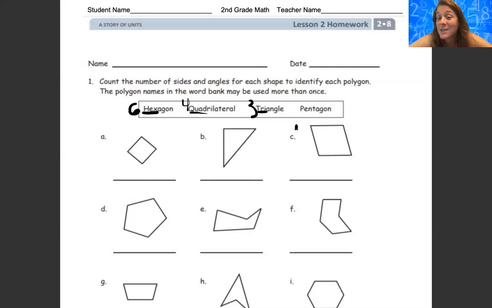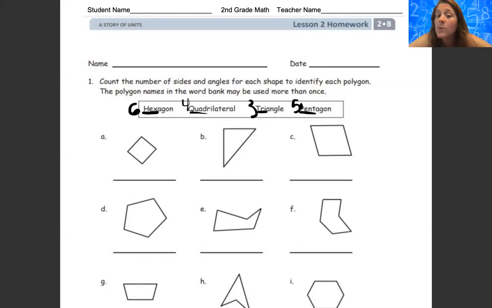You are correct. Good job. All right, and then a pentagon. This is one that you're not as familiar with hearing, but some of you may have heard of this. A pentagon, pent, has how many sides and angles? 5. You are correct.